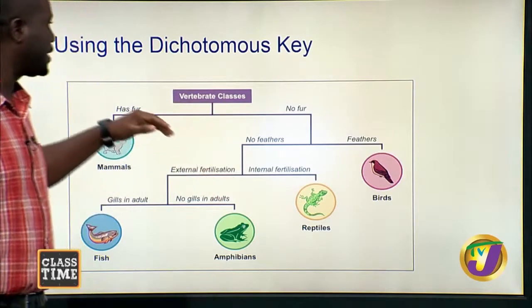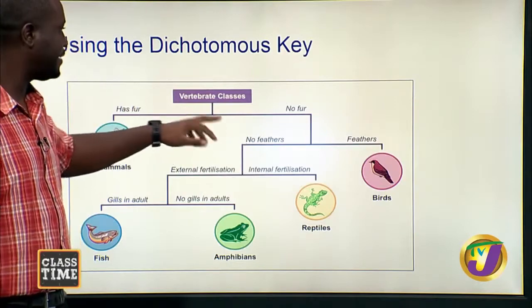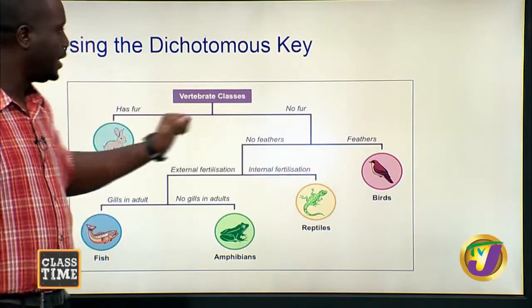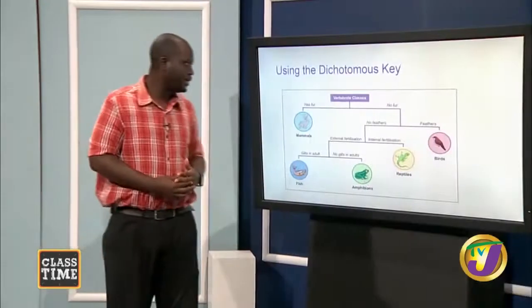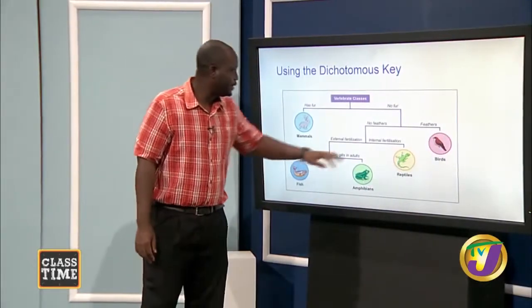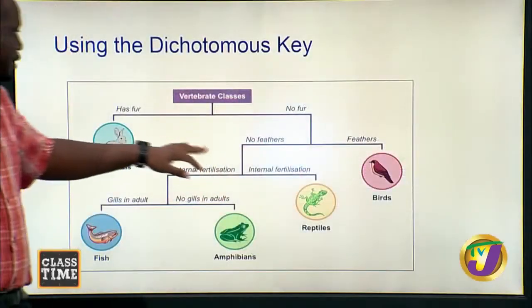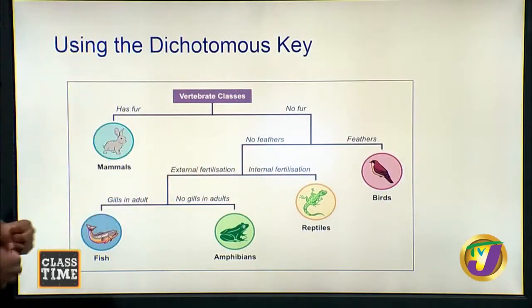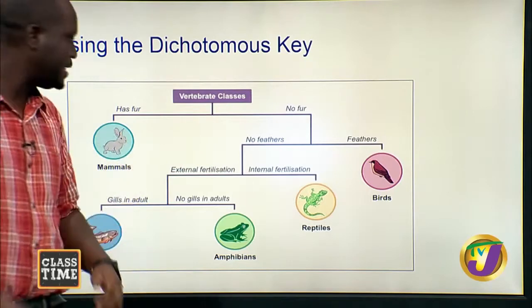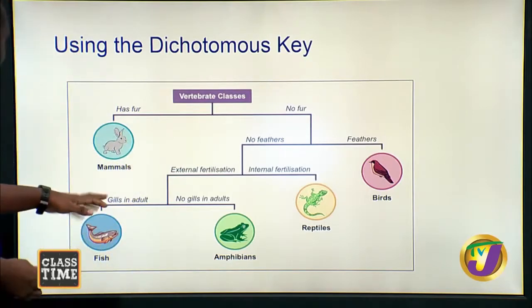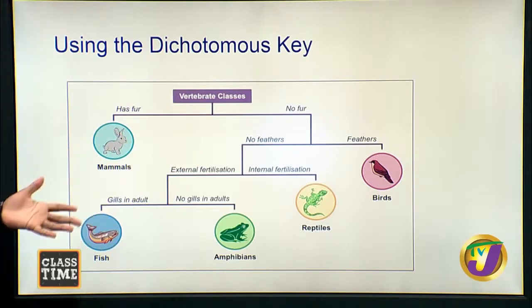No fur, then we can go to the next two questions. Does it have feathers or no feathers? If it has feathers, then it's a bird, and then we can go further into that. No feathers, then we need to look at its fertilization. Does it have internal fertilization or external fertilization? If it is external fertilization, does it have gills or does it have no gills?